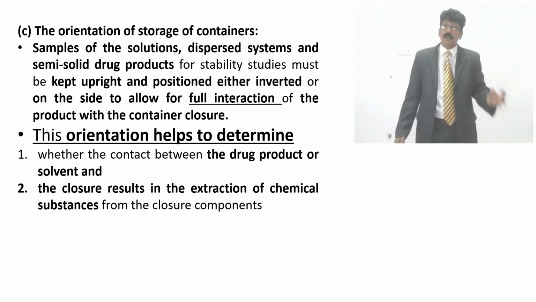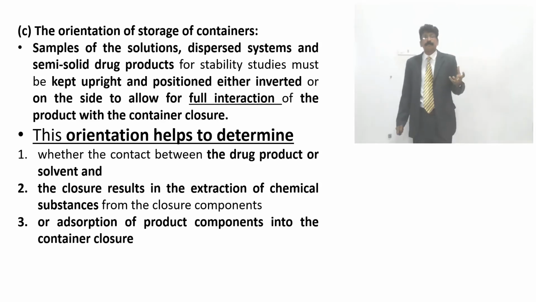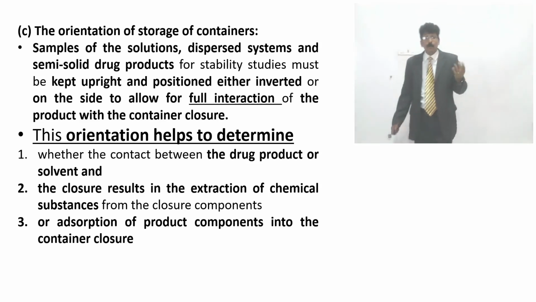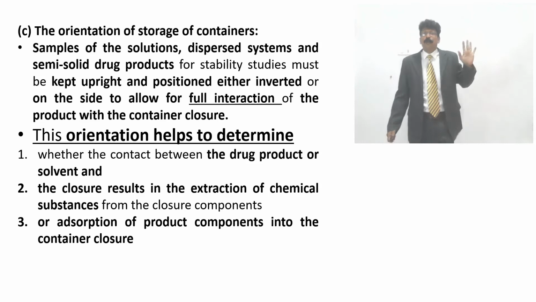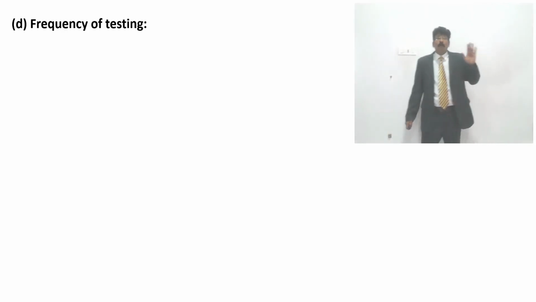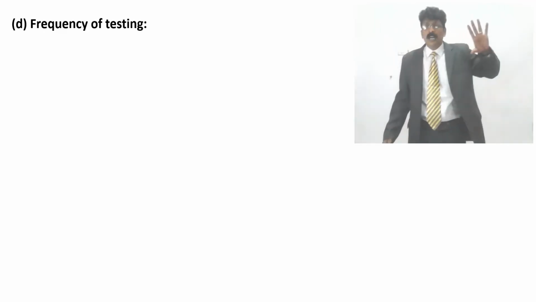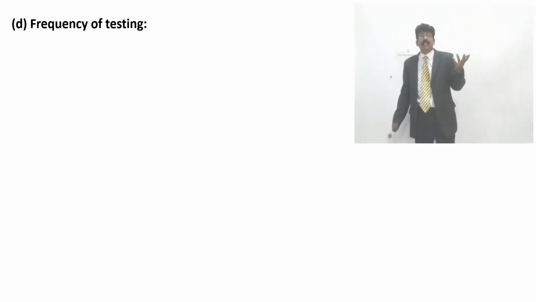So these all things will give the chemical substances can react, or absorption of the product component into the closures and containers, and it will reduce the amount of active principle present in the product. So that's what I just made in very short about containers, closures. You have studied more in your pharmaceutics. You can add if they are asking an essay question.